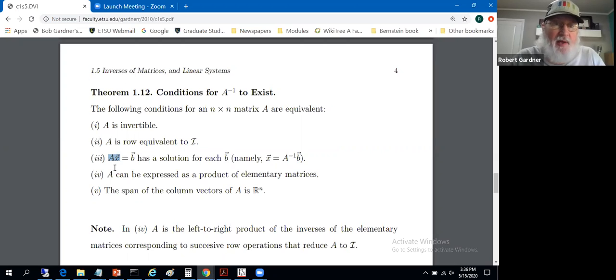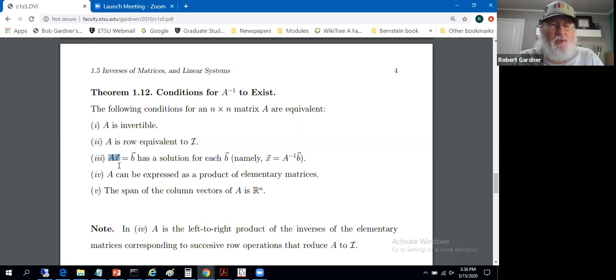I wouldn't remember that if we didn't use note 1.3.A so often. When you take a product, matrix A times vector X, that yields a linear combination of the columns of matrix A with coefficients given by the components of vector X. One of the first observations we made when we defined matrix multiplication.